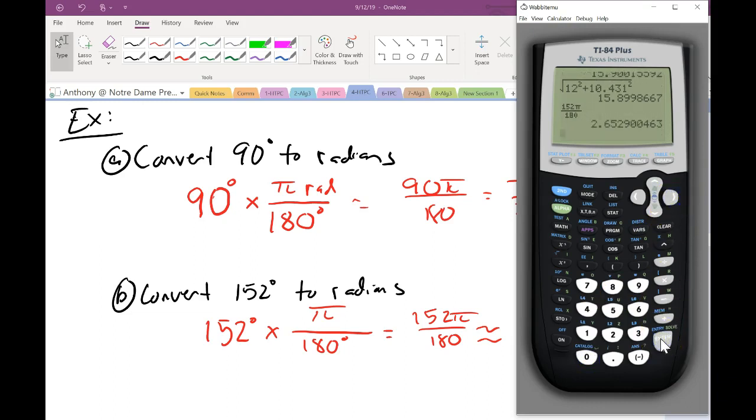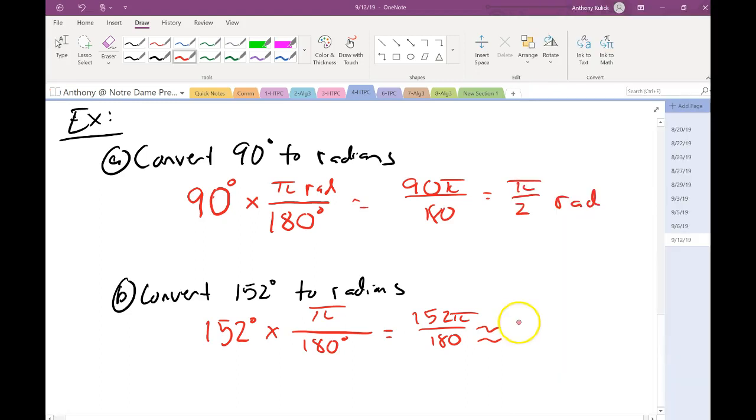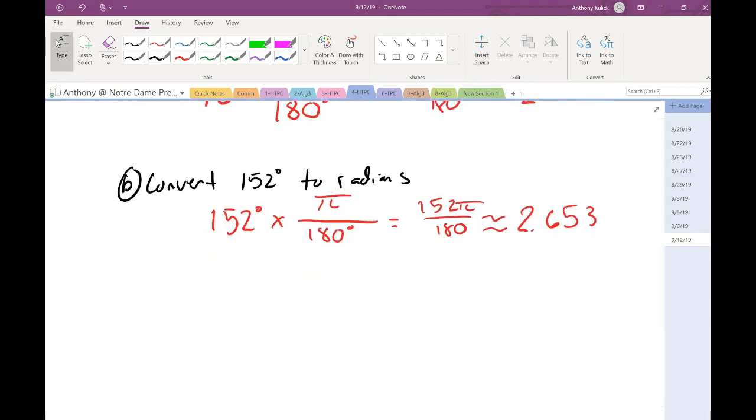And when I do that, I get 2.653 approximately. Everybody cool with that?